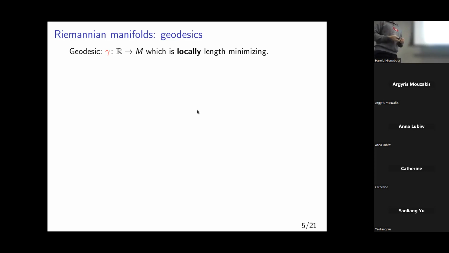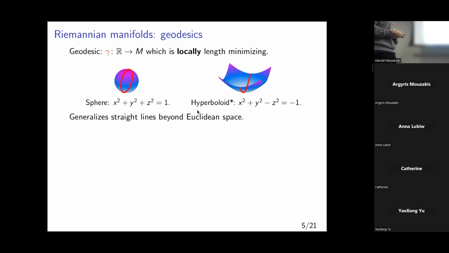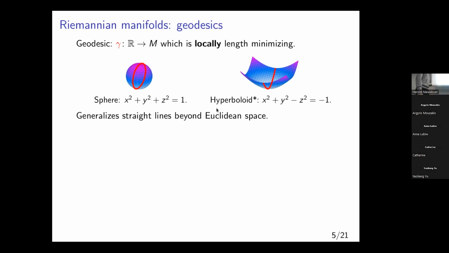Right, and you can take this as a definition also on Riemannian manifolds. So I drew some pictures of what they look like. For instance, on a sphere, a great arc like this is locally the minimum length path between any 2 points on this curve. So this is a geodesic.